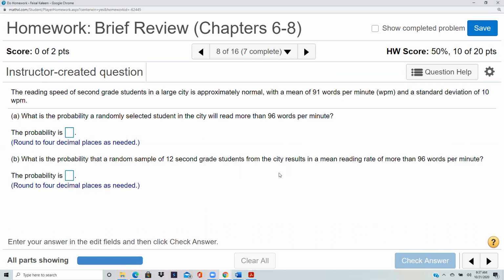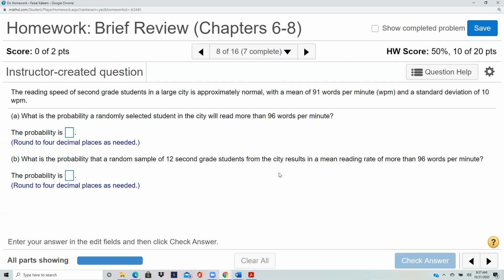So first, can you spot what's the difference between part A and part B? Part B is talking about a sample of 10 second graders.